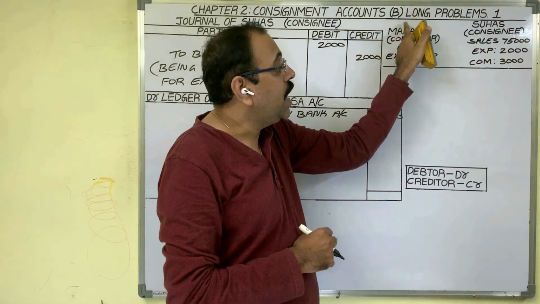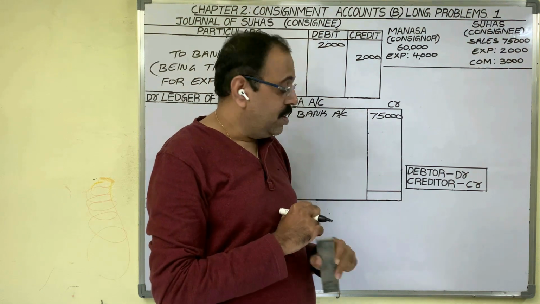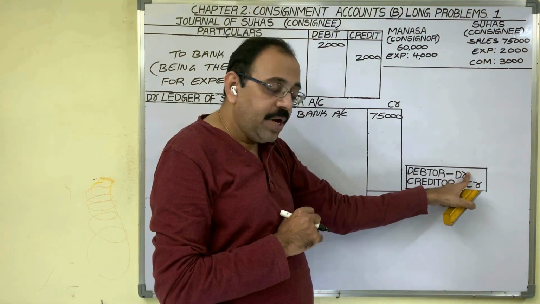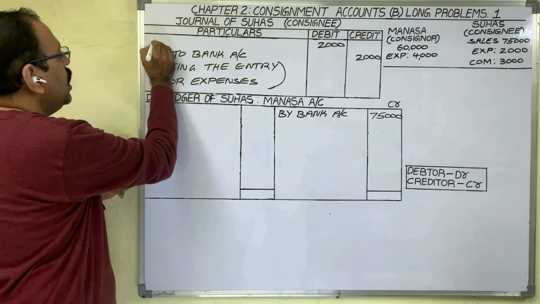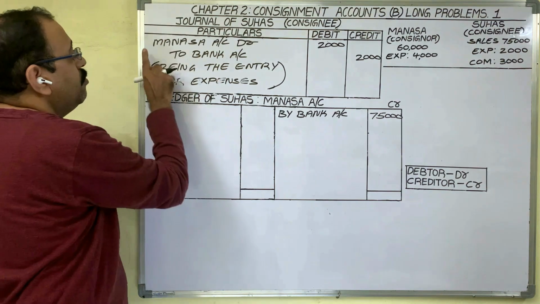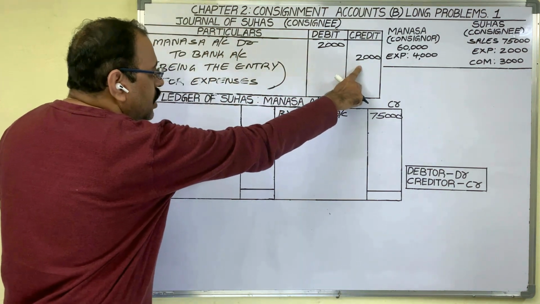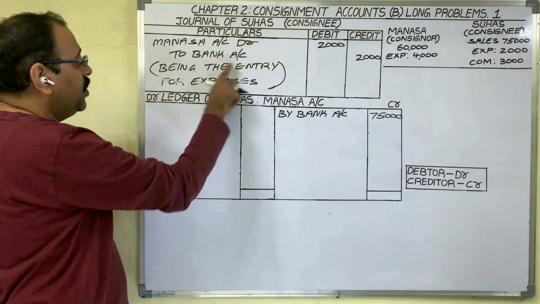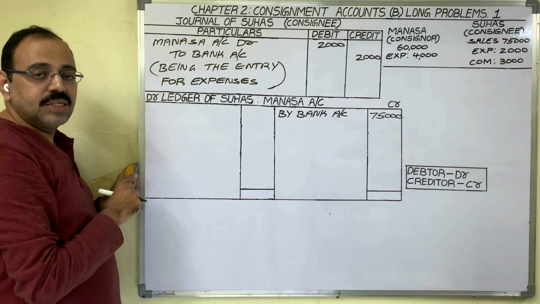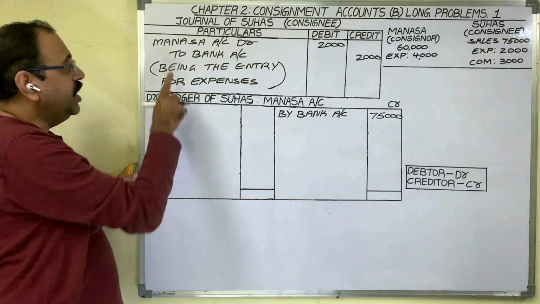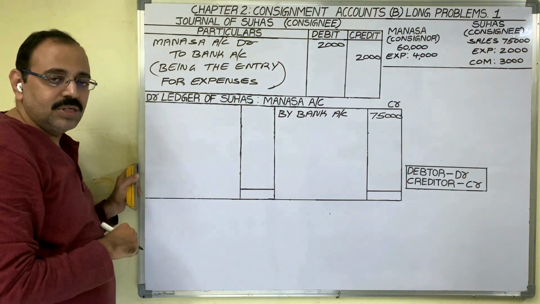Because Manasa has to pay the money to Suhas, no? Manasa is a debtor. Debtor should be debited. Therefore, in journal entry, Manasa account is to be debited. Manasa account debtor to bank account 2,000. Narration being the entry for expenses. So for consignor expenses, in consignee books entry is Manasa, meaning consignor account debtor to bank account.